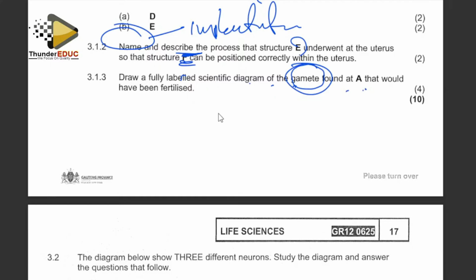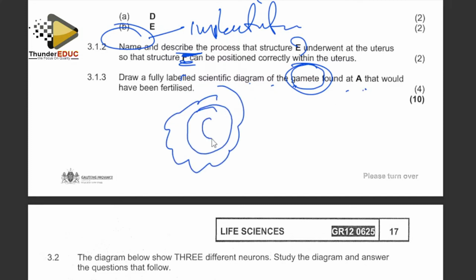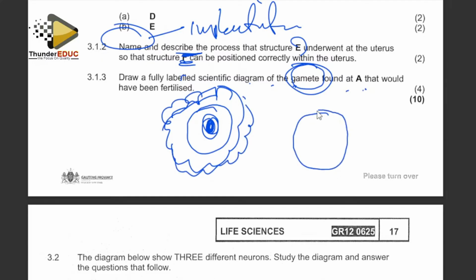Sometimes people draw it like this, and then they put the cell membrane, and then they put the nucleus. This one must be smooth, whereby this is the jelly-like layer. Remember, the jelly-like layer is not straight. Others just draw it like that. It's the same thing. Draw it properly. You have the jelly-like layer, then the cell membrane, then the cytoplasm, and then the nucleus inside.